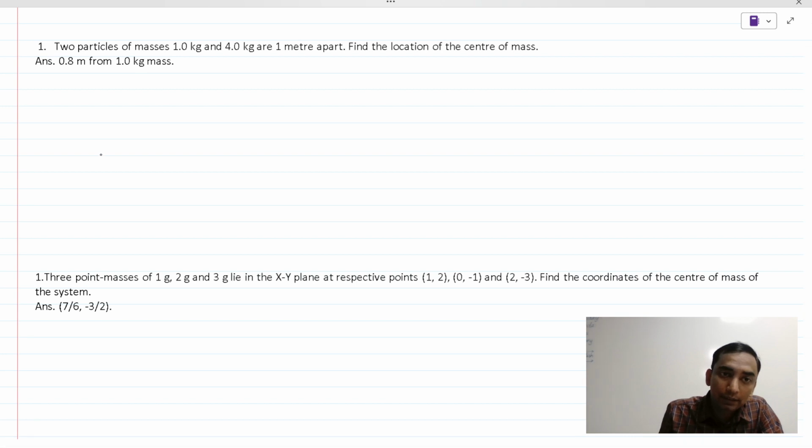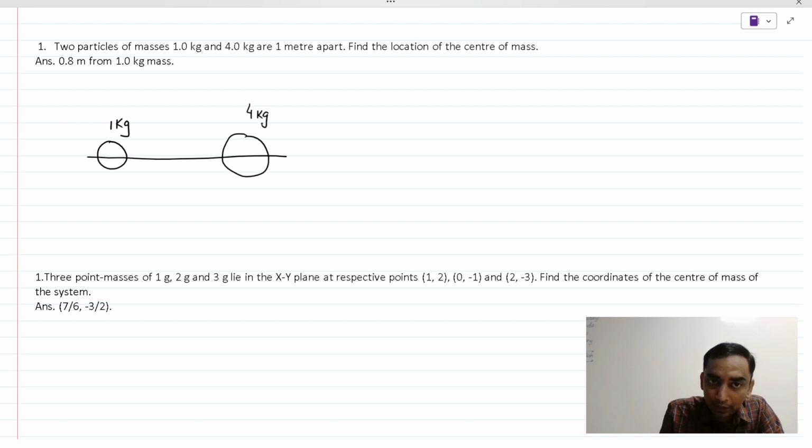Let's solve the first numerical. Two particles of mass 1 kg and 4 kg are given to you. If you join the centers of both the spheres, the center of mass would lie somewhere towards the heavier mass.